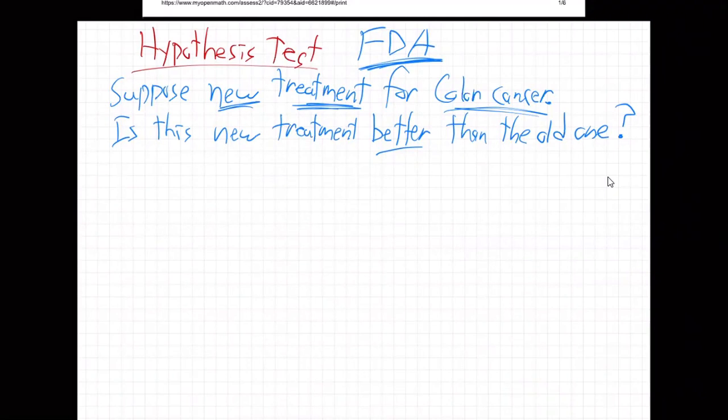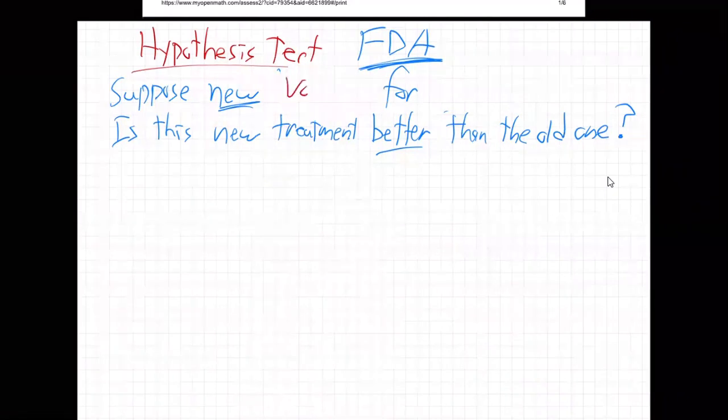In fact, given the times with the COVID stuff, it makes me want to change the story. A new vaccine. I'm going to make it relevant. Well, colon cancer is relevant as well. A new vaccine for COVID.